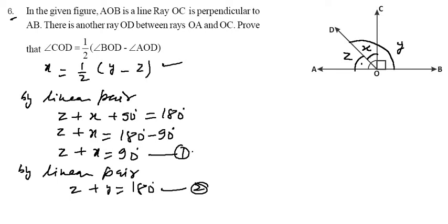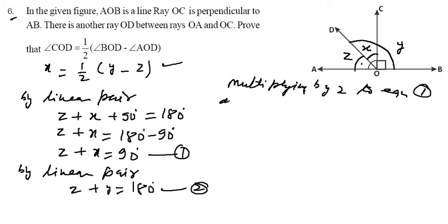Now multiply equation first by 2 and subtract it with equation second. So let us first multiply this one.